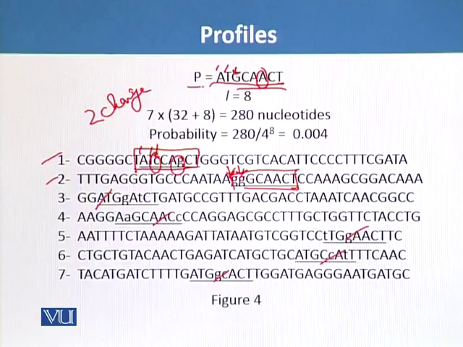So in the real-time problem, in DNA molecules, there is a tendency of mutation. Due to the process of mutation, these nucleotides often change to other nucleotides, and this conserved pattern would not be conserved, as we can say here P is equal to ATGCAACT. So there are many mutations within this pattern.